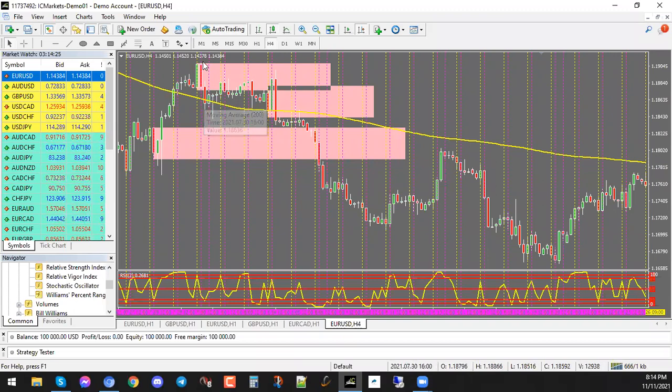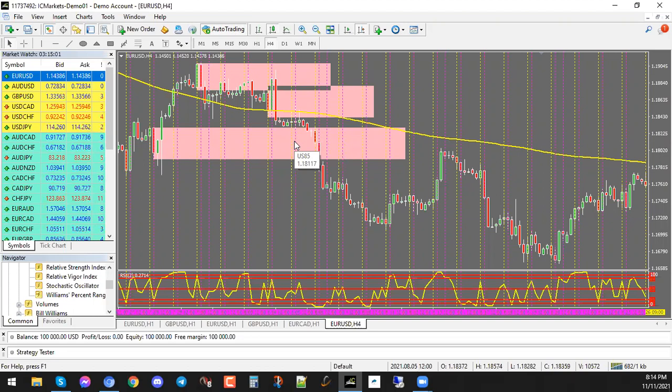So as you can see here, the price came down, came back up, came down, got to this order block, went back to the upside, small retracement, into this order block right here. So now it means that this order block was hit, it's no longer valid. This order block here was hit, it's no longer valid.